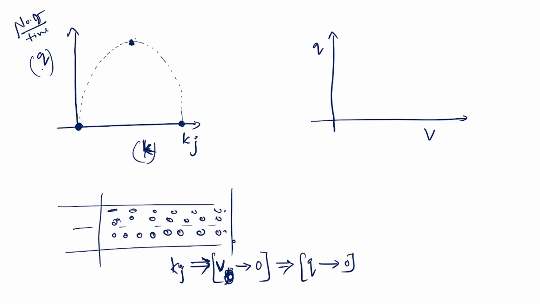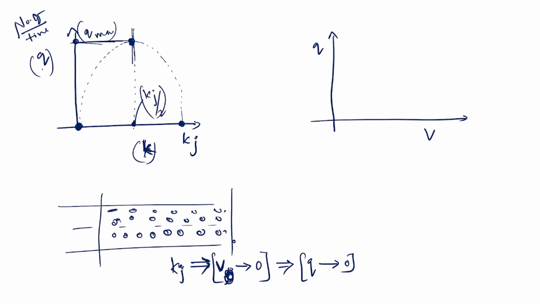That point is the highest peak point where you can get Q maximum. It's a symmetric parabola, that's why if you draw a vertical line from the peak point, it will touch at Kj by 2.